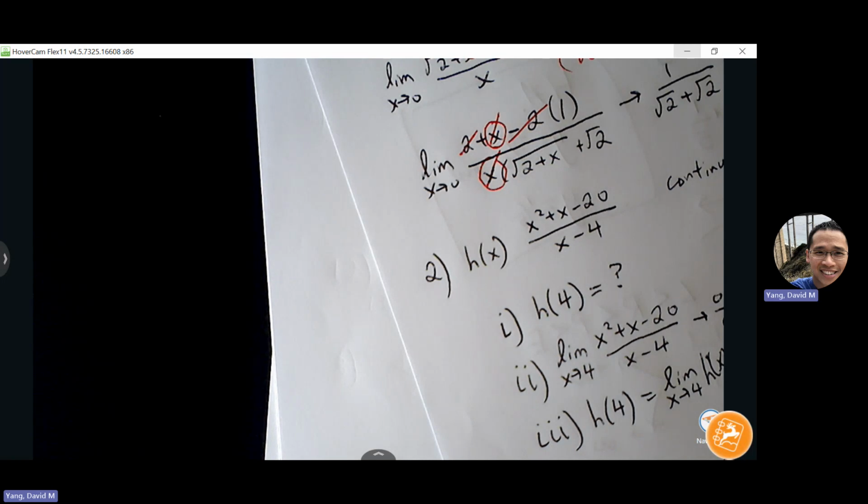Okay, those are just the constants. Yeah.